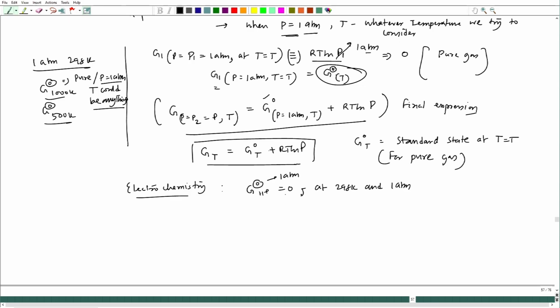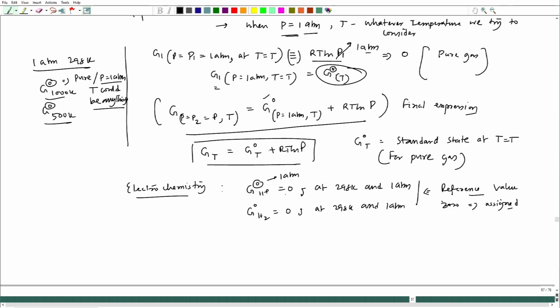At the same time, this is our assumption, H2 gas is also 0 joule at 298 Kelvin and 1 atmosphere. So these are all reference values. Zero is assigned. The actual value could be something, but we are assigning 0.